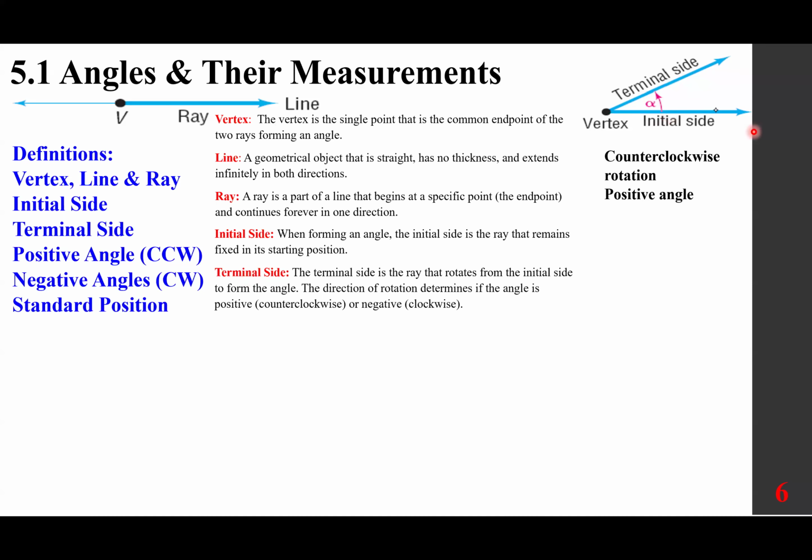Terminal side: this is the initial side, this is the terminal side. The terminal side is the ray that rotates from the initial side to form the angle. The direction of rotation determines if the angle is positive, that means counterclockwise, or if it's negative, that means clockwise.